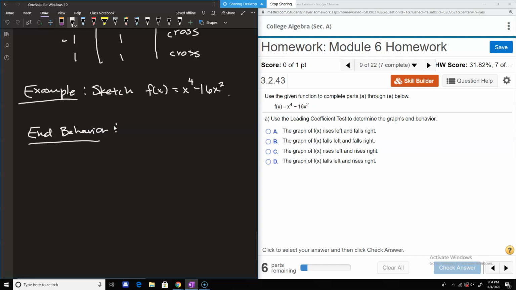The number in front is 1 and the power is 4, which is even. So we are positive and even, which means both sides go up. So both sides up. Rises on both sides is what we're looking for. Rises left and rises right.